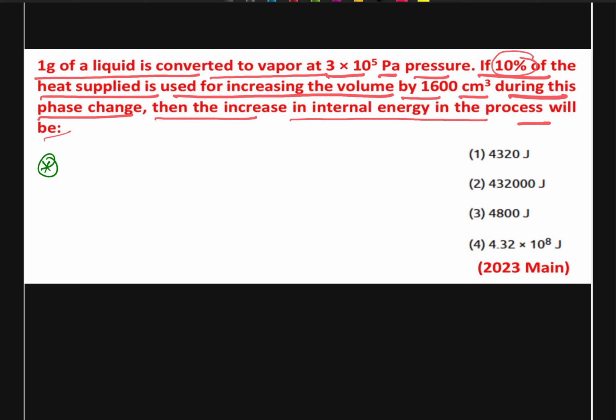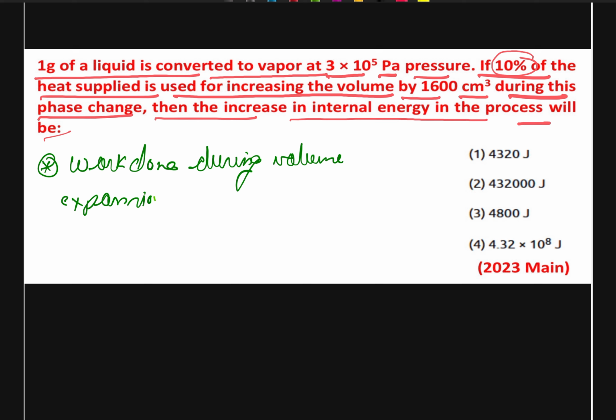So the work done during volume expansion, suppose that is our W, will be equal to P delta V, that is change in volume.